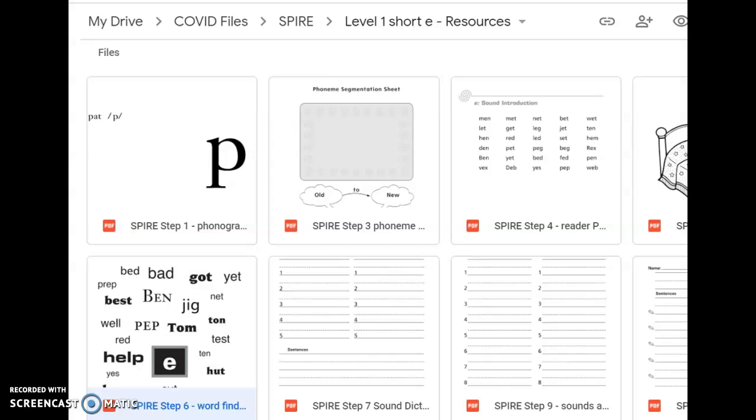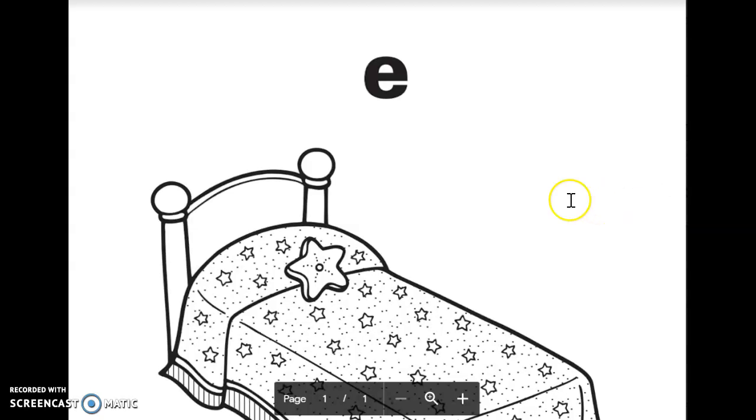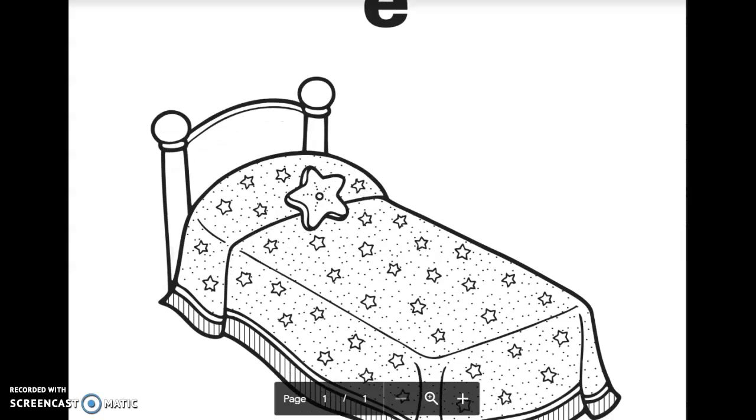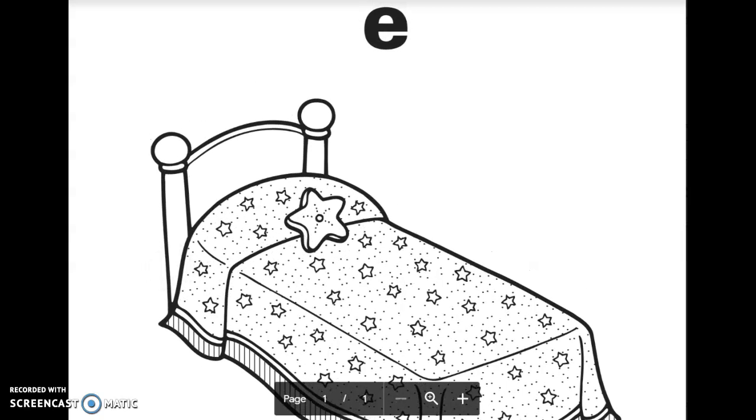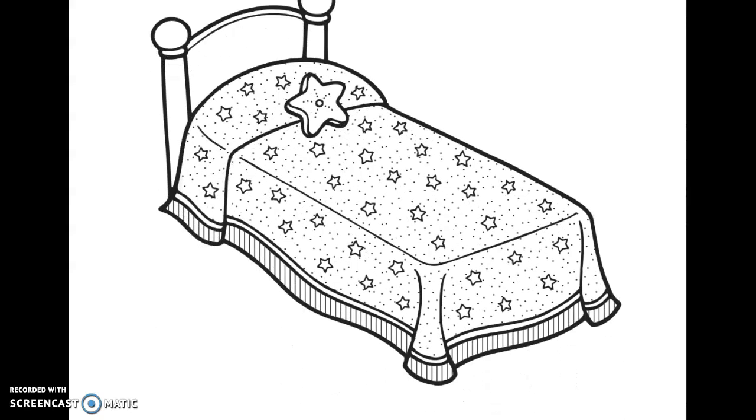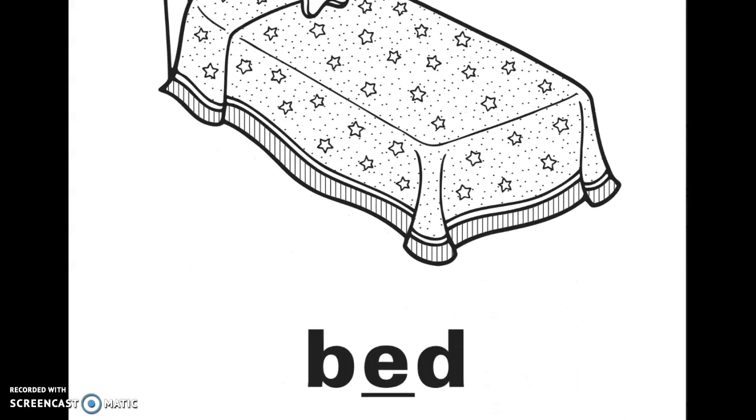Okay, so I'm going to go back and find our key card for that letter E and the sound eh. And we're going to analyze this word bed. As I said, some of us really have difficulty with determining if a letter is a B or a D, and honestly, having this picture in your head or even of your own bed will help you to remember which letter is which.